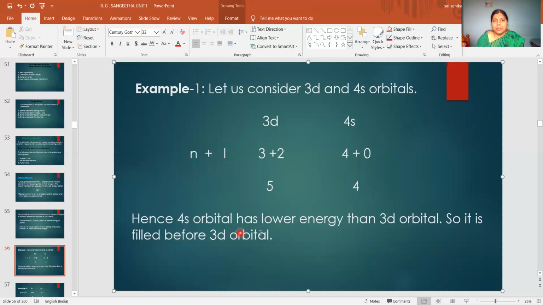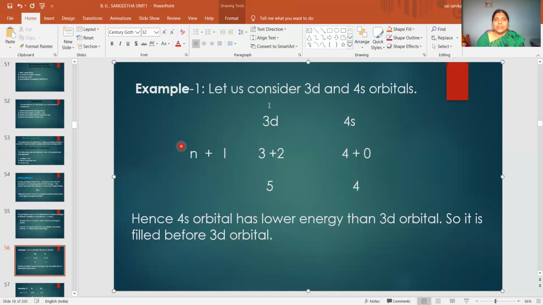Hence, 4s orbital has lower energy than 3d orbital, so it is filled before 3d orbital, because it has less n plus L value.